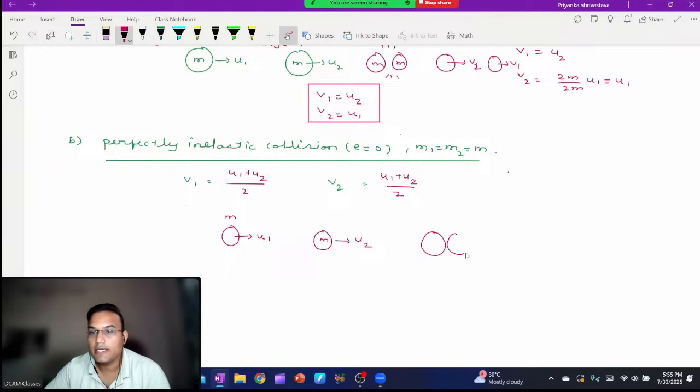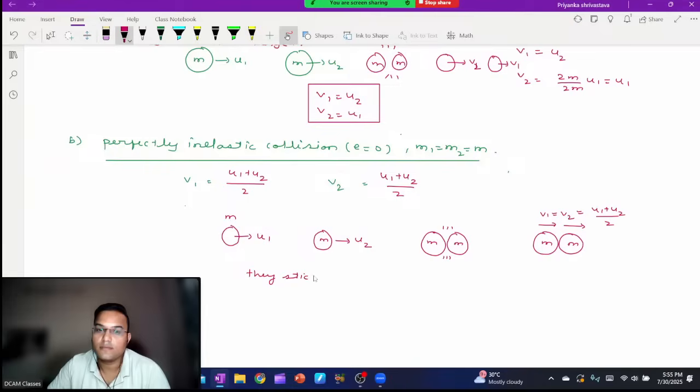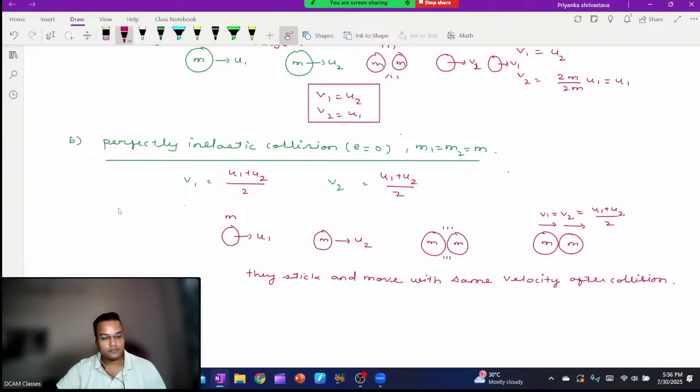After collision, they stick to each other and move with the same velocity, which is u1 plus u2 by 2. This is the thing that you need to know.